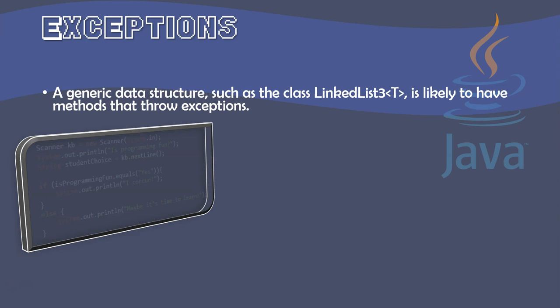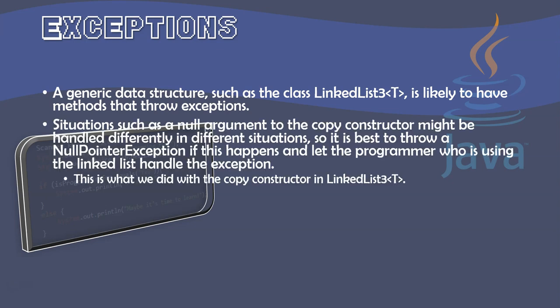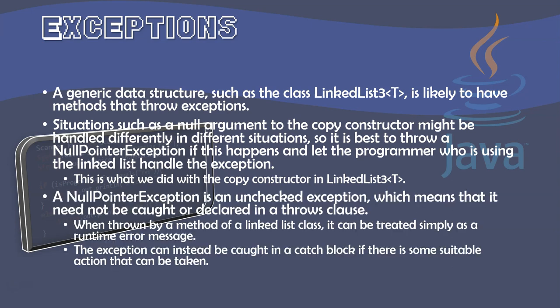Now, a generic data structure, such as the class LinkedList3 that we previously looked at, is likely to have methods that can throw exceptions. Situations such as a null argument to the copy constructor might be handled differently in different situations, so it's best to throw a null pointer exception if this happens and let the program that is using the linked list handle that. And this is what we did previously when we looked at LinkedList3.